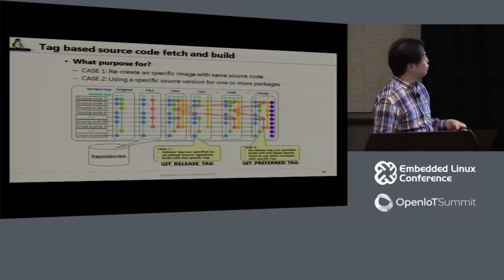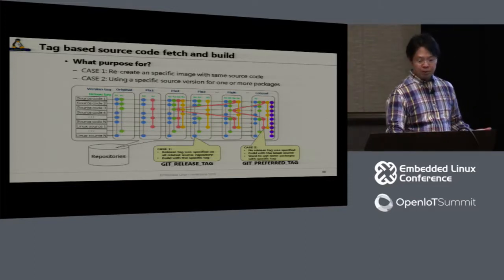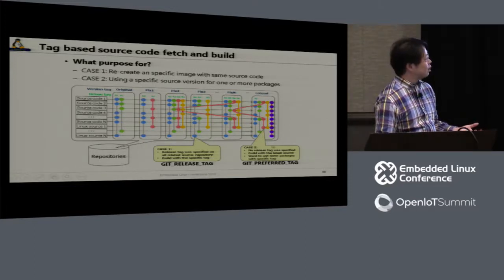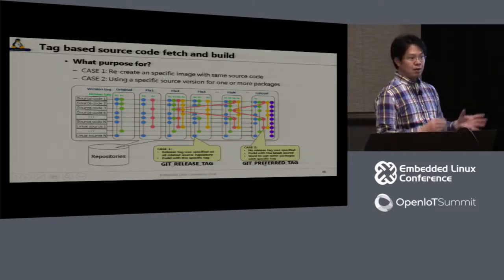For example, this is fix 3. By using fix 3, there is no error. But with the latest version, you have some errors. So that means we can consider some of the changes caused between fix 3 and latest.